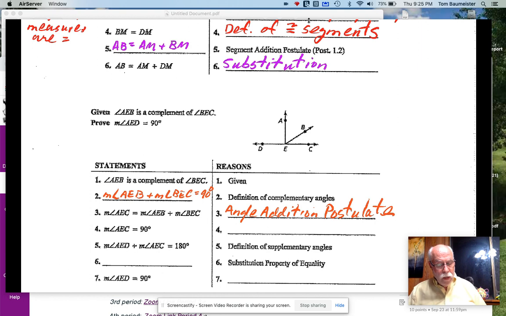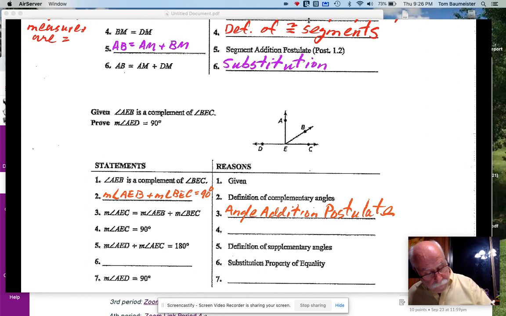Now we're told that the measure of angle AEC is equal to 90 degrees. So again, let's see the reason why. Hopefully you're seeing it here. This time I'm just going to use this.